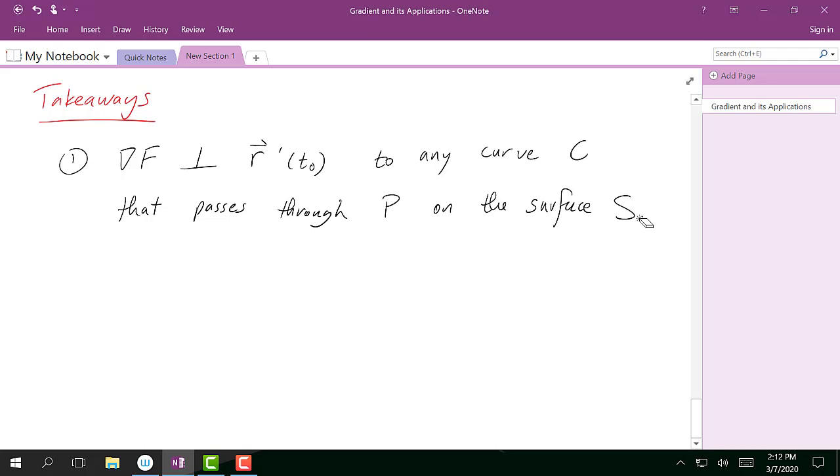And moreover, anyway, surface S, and must be orthogonal to S. So again, we'll scroll up here just a second.